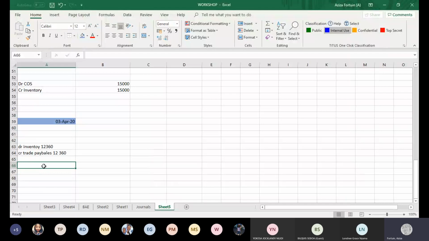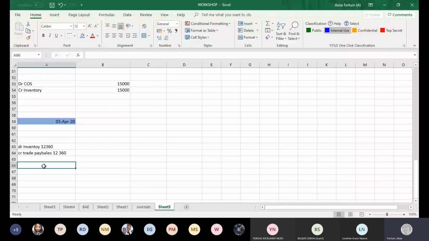Let's look at the entries. Now the journal entries become a bit more complicated. On the 1st of April, it makes perfect sense that you debit your inventory account of materials and credit your trade creditors, because you purchased 80 units.